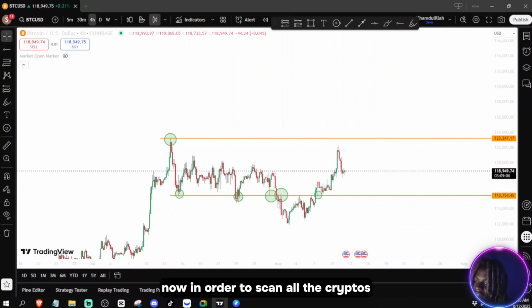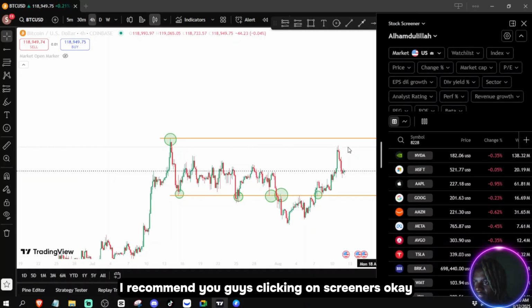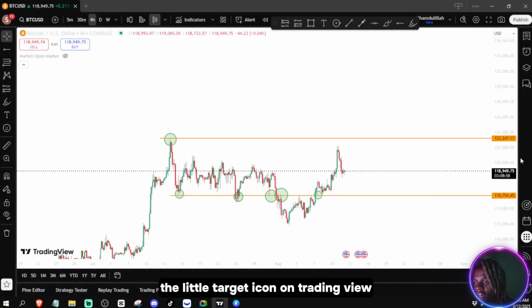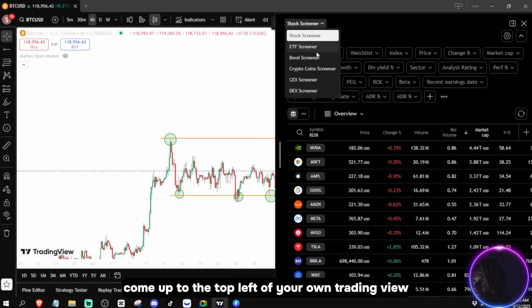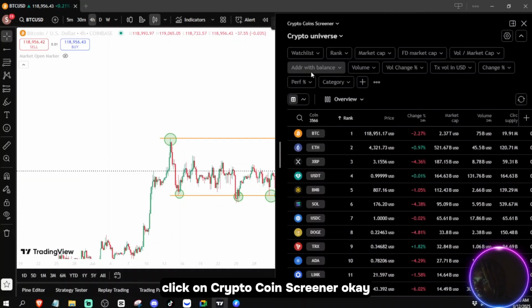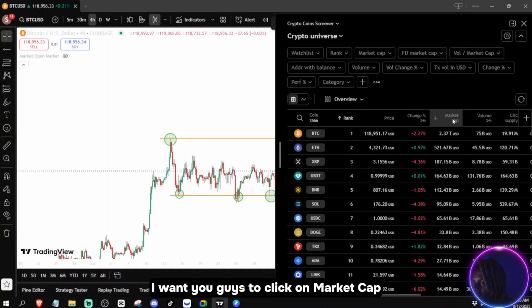Now in order to scan all the cryptos, the good cryptos to play, I recommend you guys click on screeners, the little target icon on TradingView or whatever you guys are on. Then you can come up to the top left if you're on TradingView and click on crypto coin screener. After you click on crypto coin screener, click on market cap.